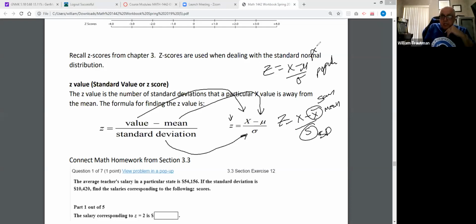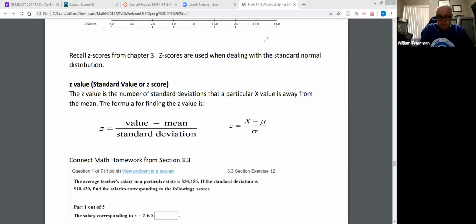This is population mean, and this is population standard deviation. So the formula is the same. You're just using different symbols depending on if you're talking about a population or a sample. So let's remember this formula.